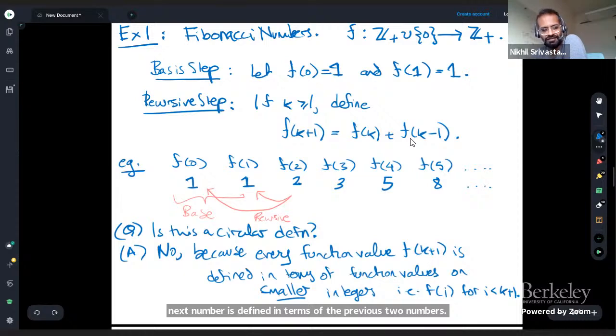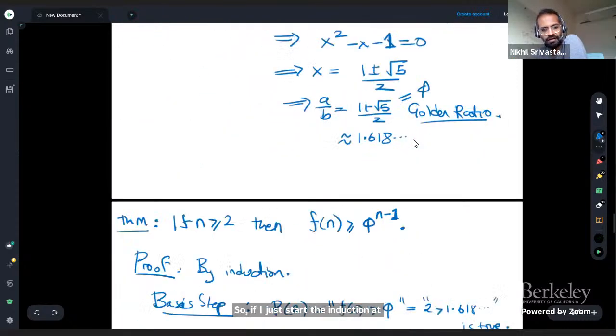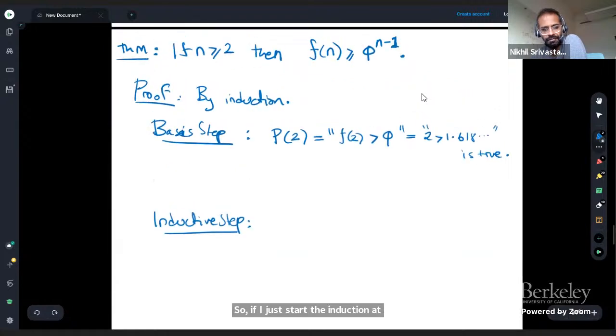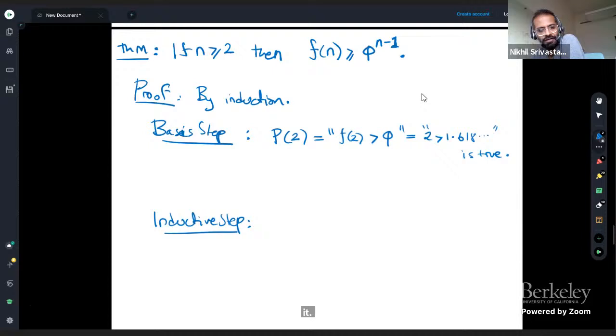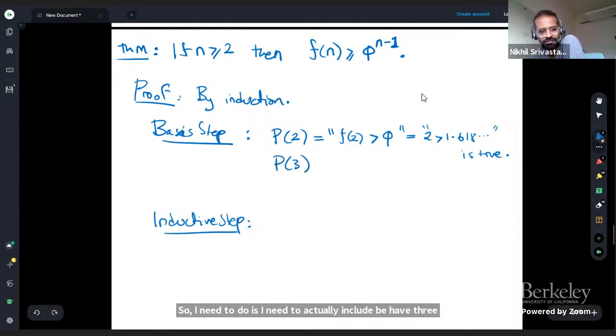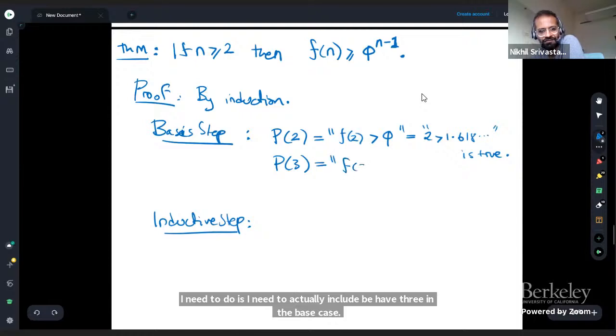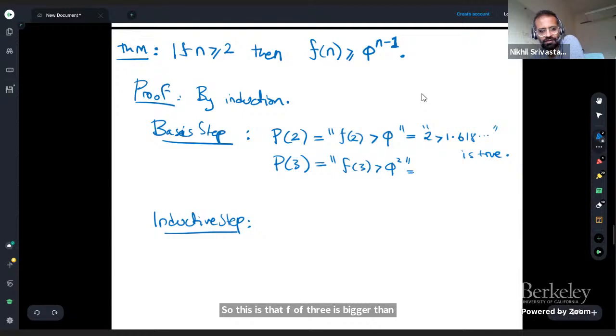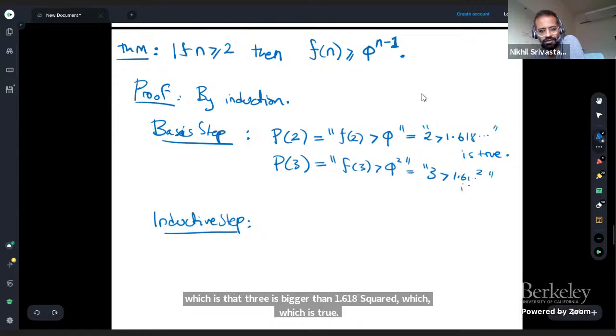So if I just start the induction at 3, that's not going to work, because f of 3 is expressed in terms of f of 2 and f of 1. So what I need to do is I need to actually include P of 3 in the base case. So this is that f of 3 is bigger than phi squared, which is that 3 is bigger than 1.618 squared, which is true. This is also true.